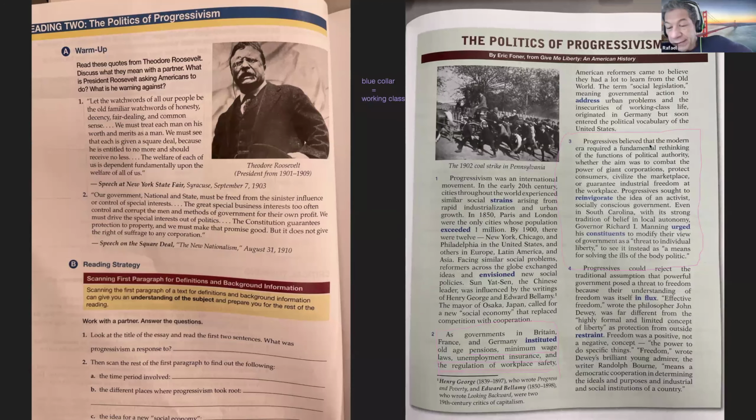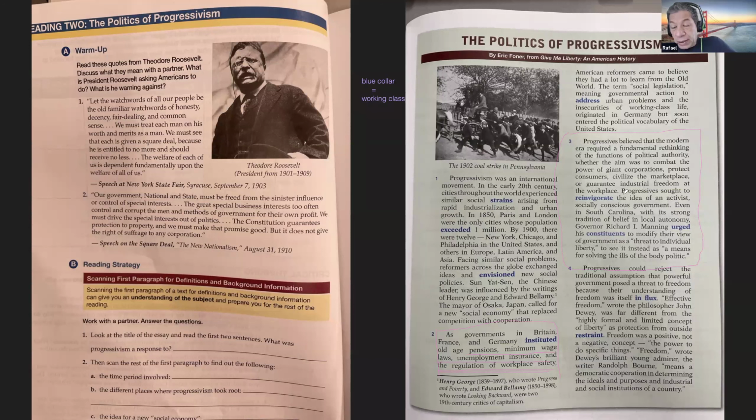Progressives believe that the modern era required a fundamental rethinking of the function of political authority, whether the aim was to combat the power of the giant corporation, protect consumers, civilize the marketplace, or guarantee industrial freedom at the workplace. Progressives sought to reinvigorate the idea of an activist, socially conscious government.